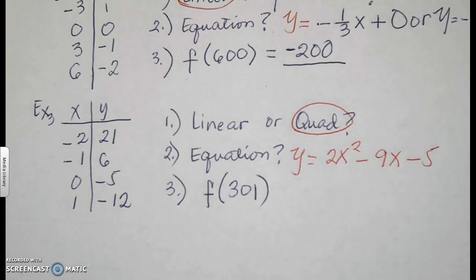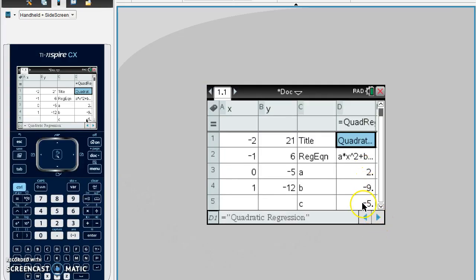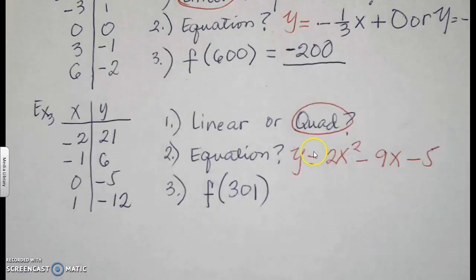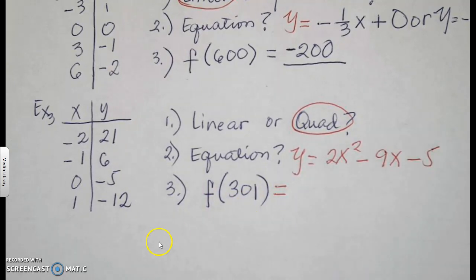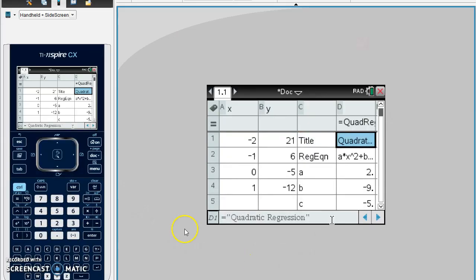And again, let's review our calculator. 2, -9, -5. So let us go to f of 301. What is y when x is 301? So we go to our calculator.